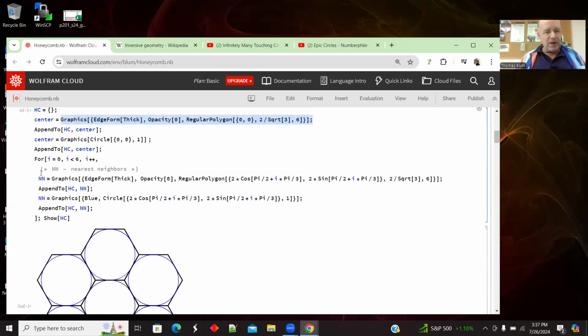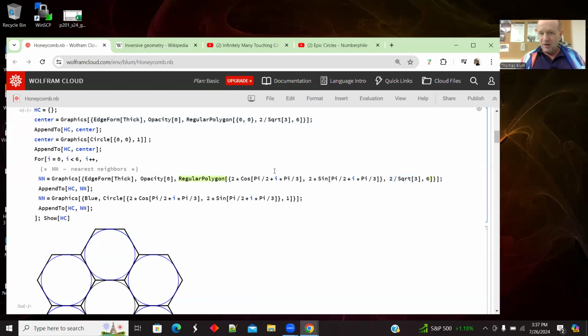Here n is the nearest neighbor. These are the neighbors that touch the original hexagon. I'm making the same size hexagon, 2 over the square root of 3 for the size, 6 for the number of sides.